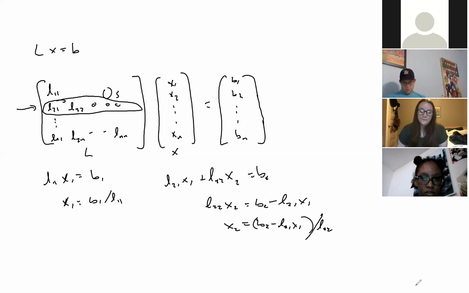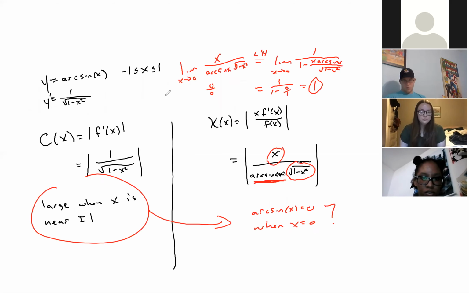I think this is the page we were on. So the main idea is once you find your condition numbers, say my absolute condition number is 1 over the square root of 1 minus x squared, you want to think about what makes that function big. What x values make that big? Well, that's big whenever x is near plus or minus 1, because then you'd have a 0 in the denominator.